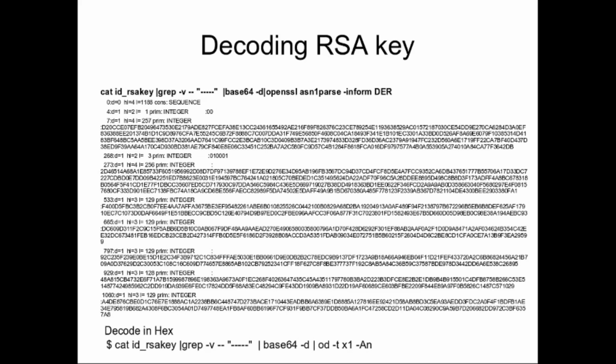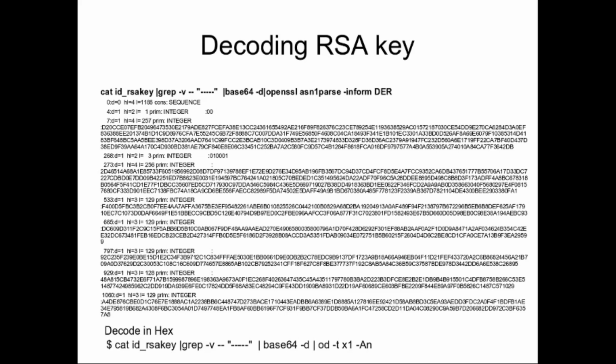Now if you want to decode an RSA key, you have this key as we've seen in the last slides. If you want to read its structure, you cat it and remove the header and footer which represent that this is an RSA key. The rest of the message is the key, and you decode it with base64 -d, so you get back your original bits from base64.